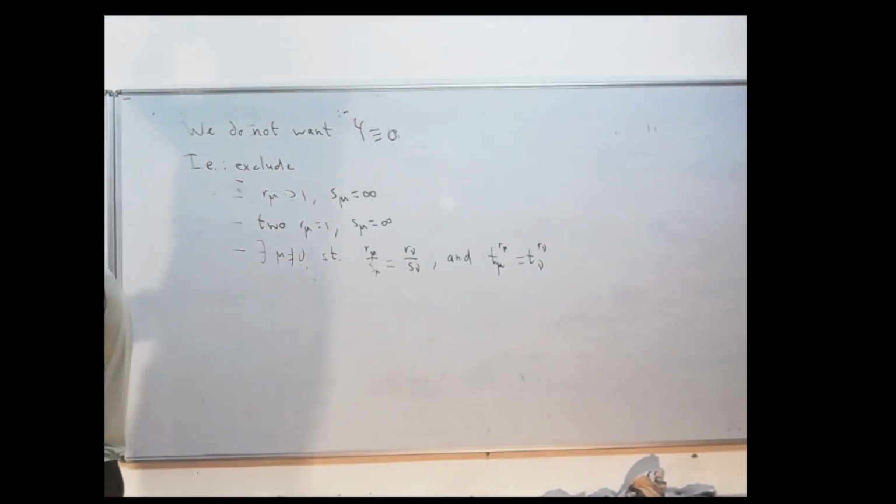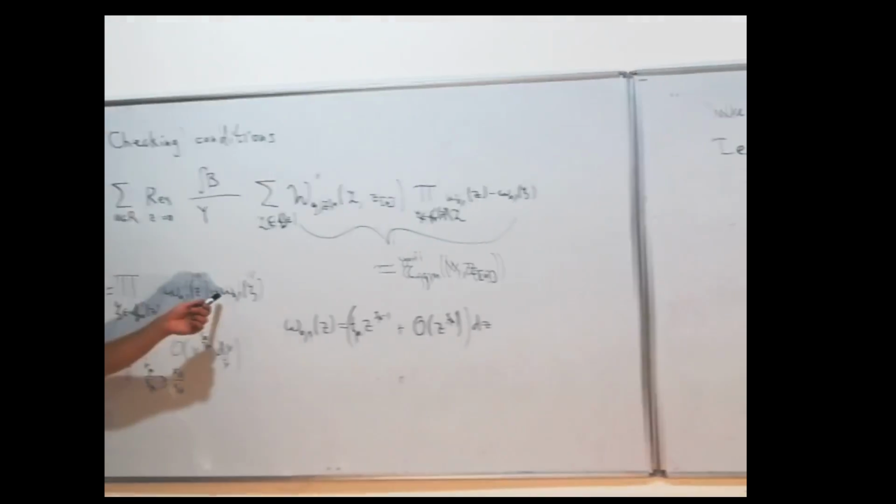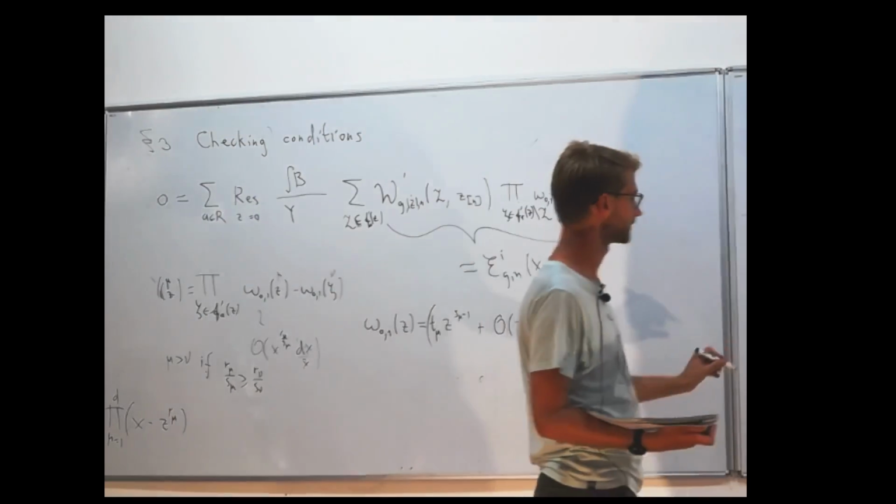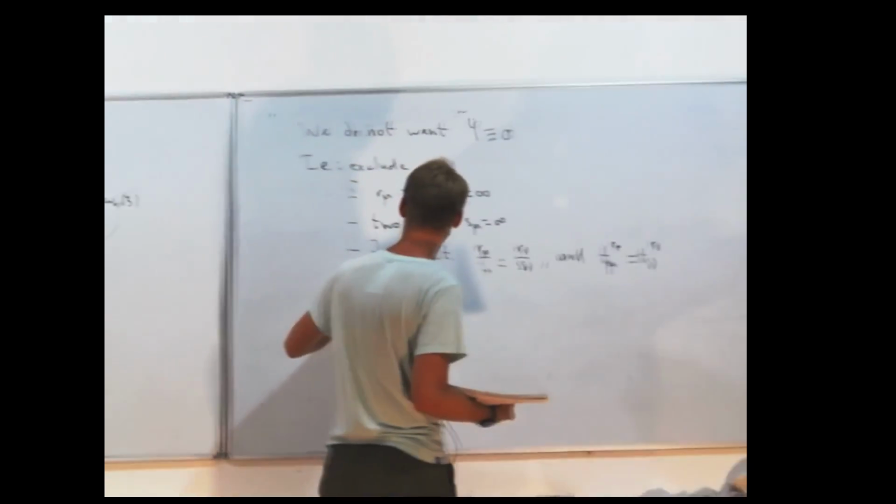Another thing, we also really want R and S to be co-prime. Because otherwise, even within one sheet, this can already be problematic. So let's also exclude that.